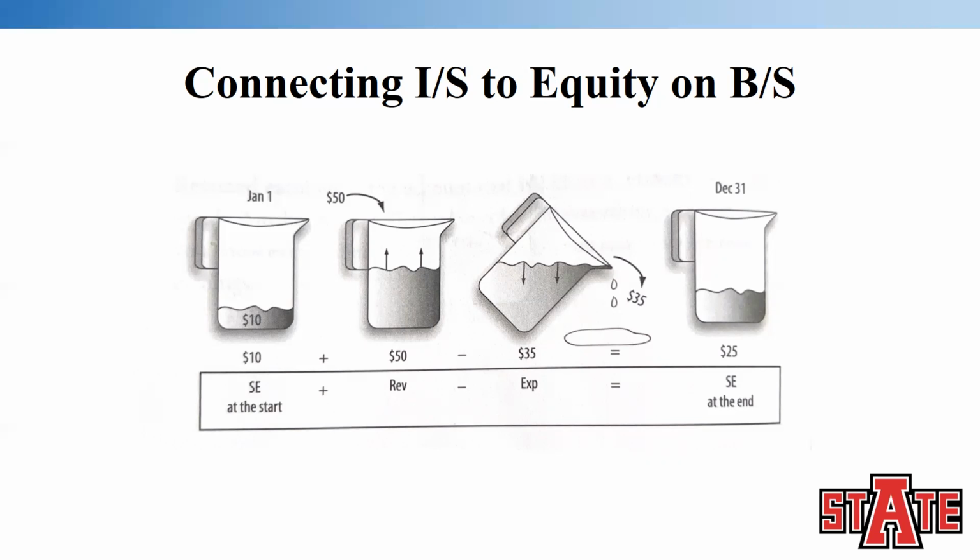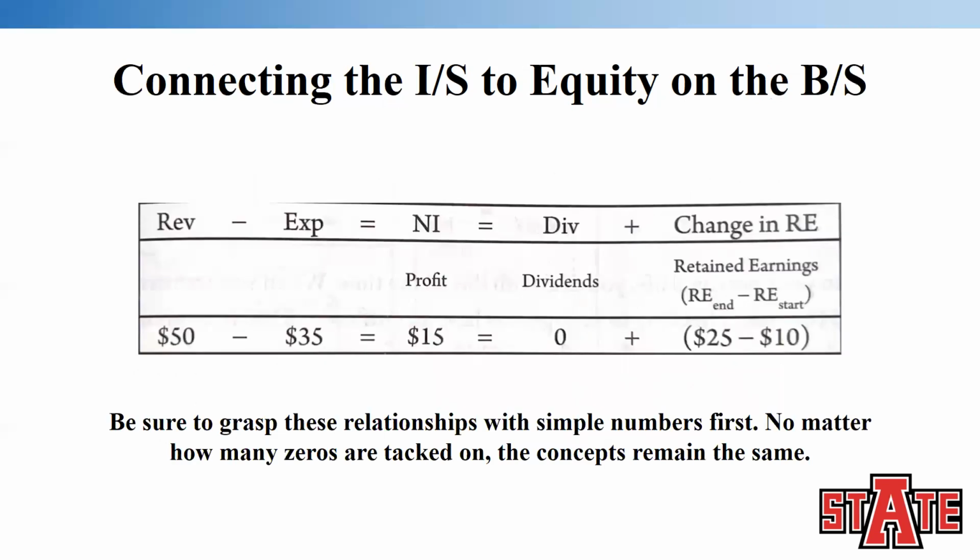That's how the money would flow from the income statement to the balance sheet. Our shareholder equity section of the balance sheet will go from 10 to 25, assuming that no payments were made to shareholders in the form of dividends.